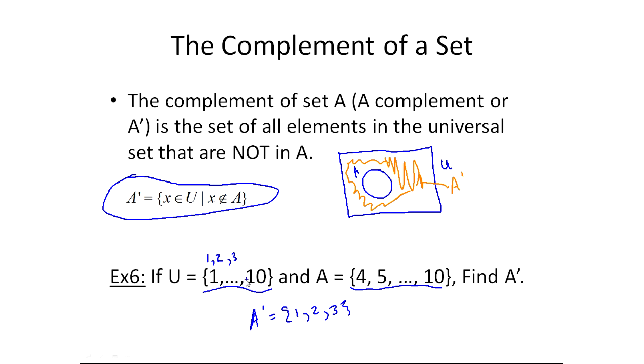A complement is everything in U that's not in A. And so one way to think about this is that together, A and A complement make up the entire universal set. So those are the basic ideas of sets, just how they fit together, how to talk about them.